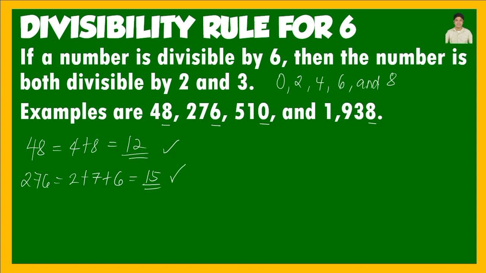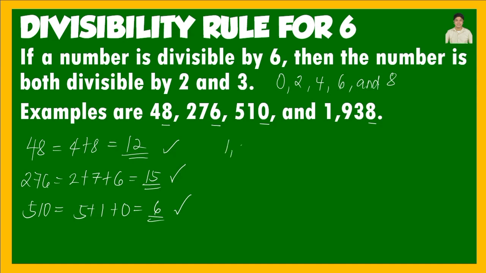Therefore, 276 is divisible by 6. Next, we have 510. So, 5 plus 1 plus 0, we have 6. So, ayan. 6 is divisible by 2 and 3. Therefore, 510 is divisible by 6.